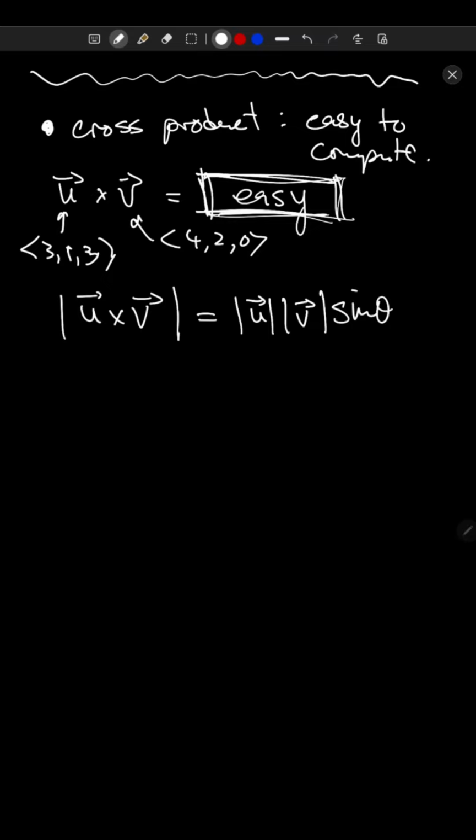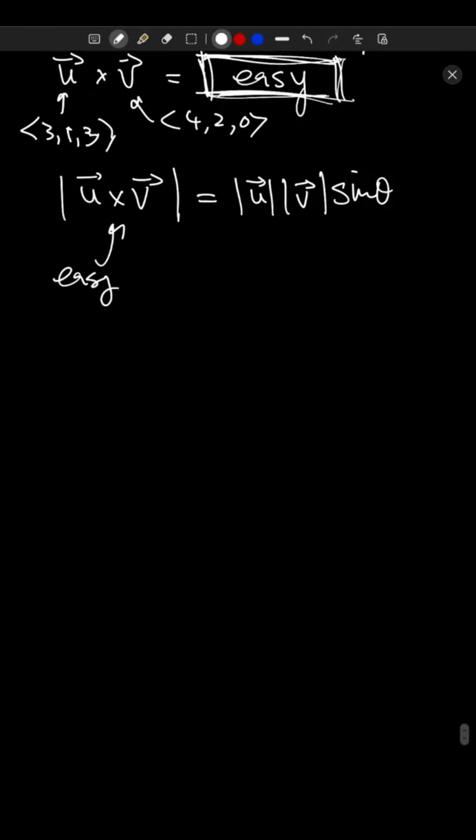We know this is easy to compute. So again, just like with the dot product, we can understand features about the relationship between u and v. Oh, by the way, how do you reconcile the two different definitions? You just do some trig, just like with the dot product. I'm not even going to consider going through that.